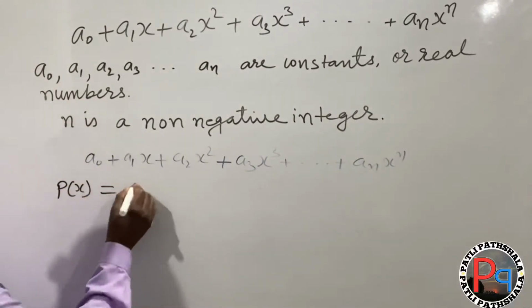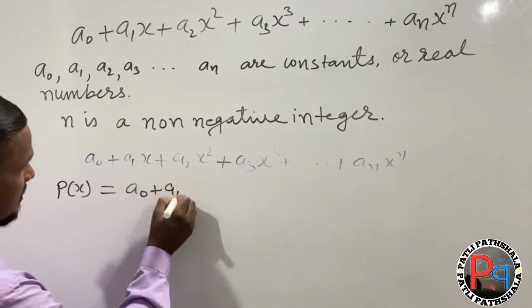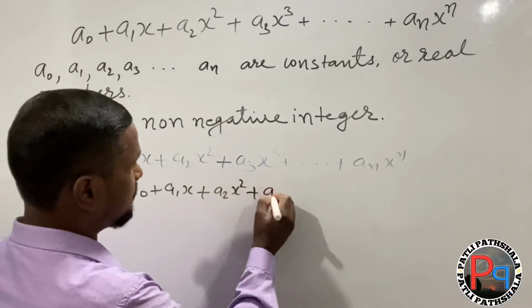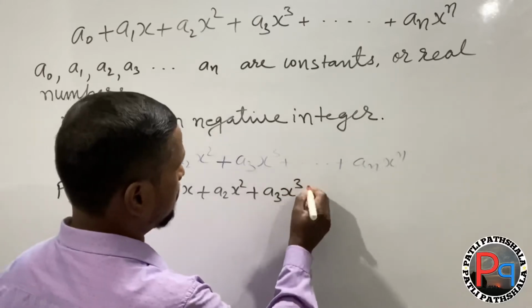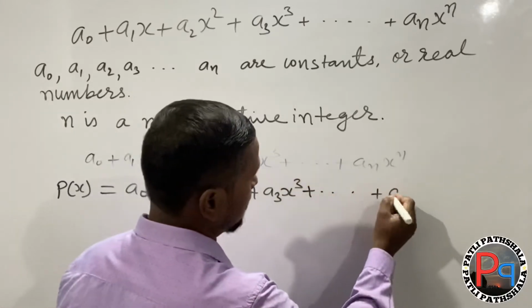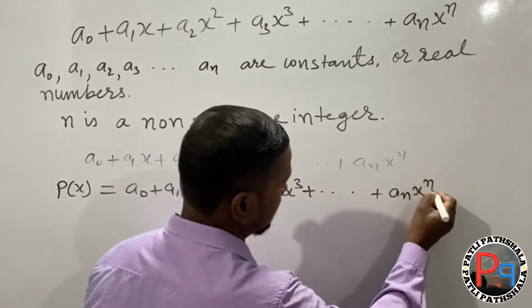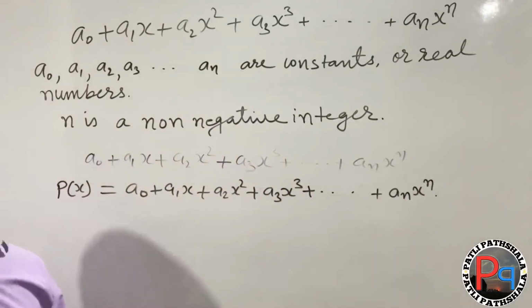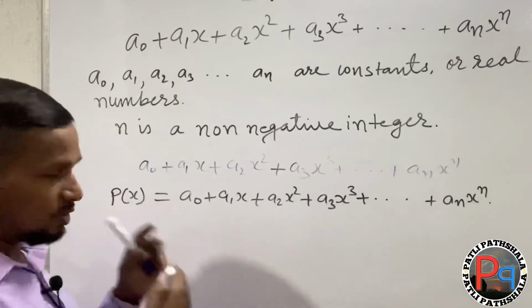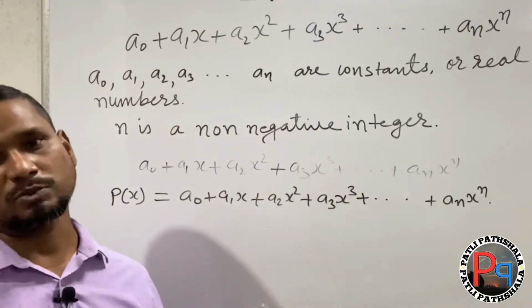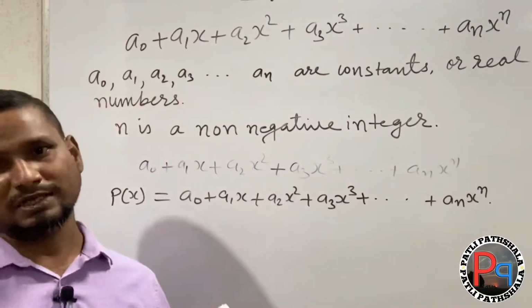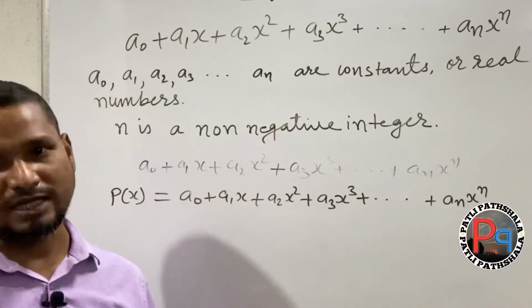So p(x) is a0 plus a1x plus a2x square plus a3x cube plus and so on plus an x to the power n. If the variable is y, in that case this polynomial will be a polynomial in y. Similarly, we can write a polynomial in z, or we can write a polynomial in any variable.